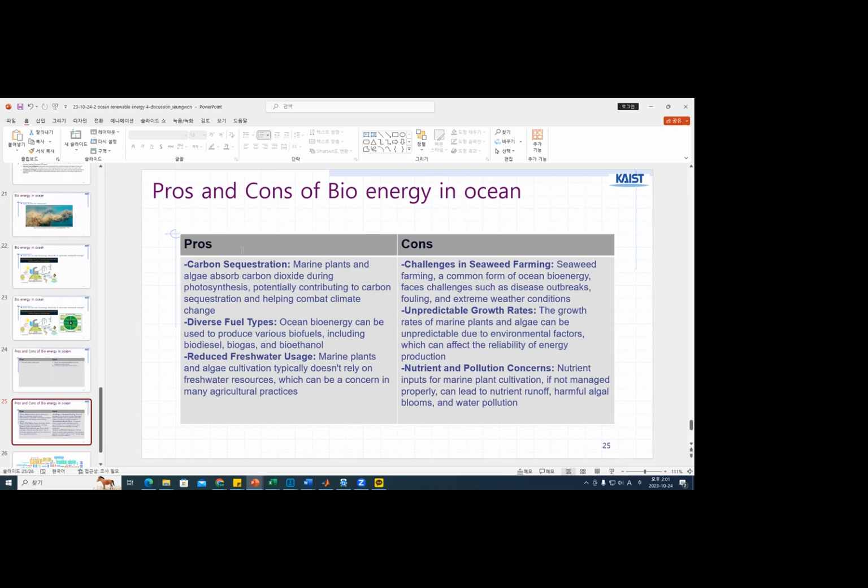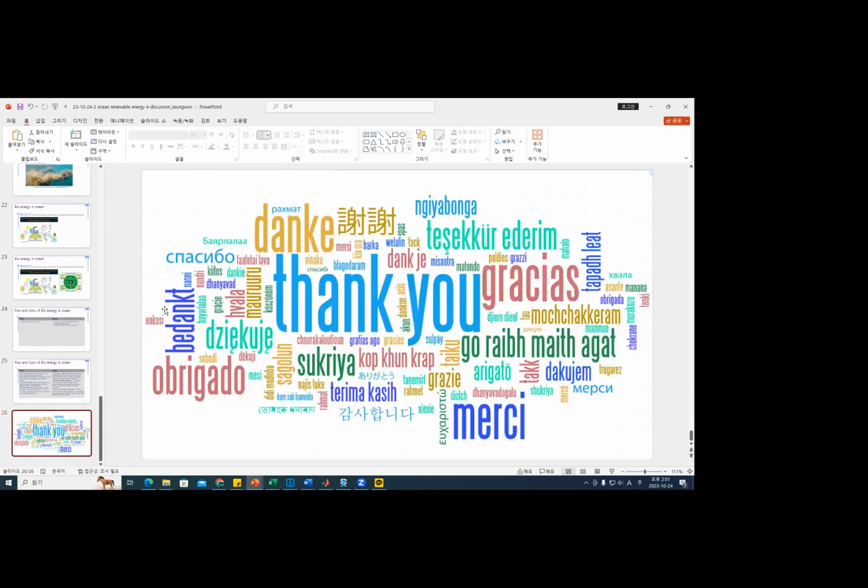These are the pros of bioenergy in ocean, and there are also cons. Like you said, it is very hard to farm the algae in the seaweed because it has a very unpredictable growth rate, and there are also nutrient and pollution concerns in the bioenergy section. Thank you for listening to my discussion session.